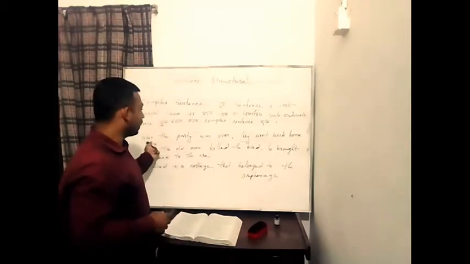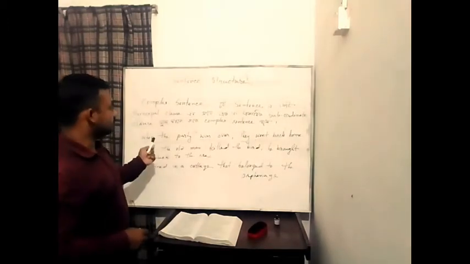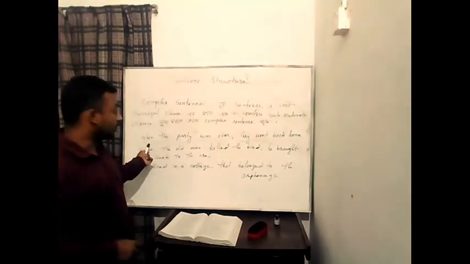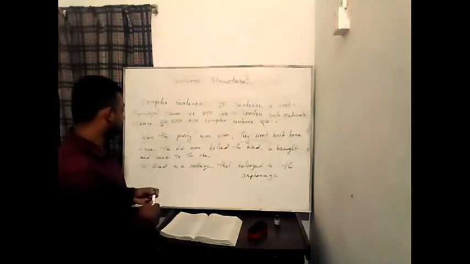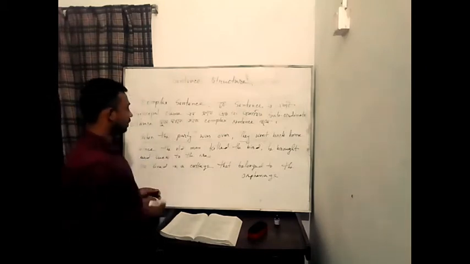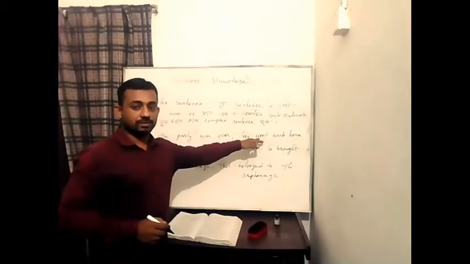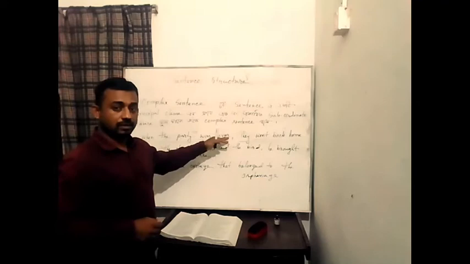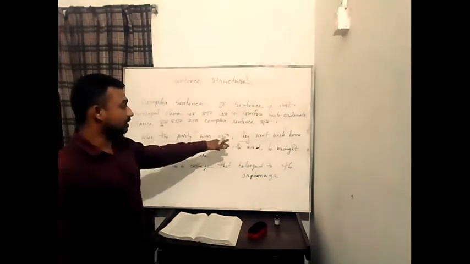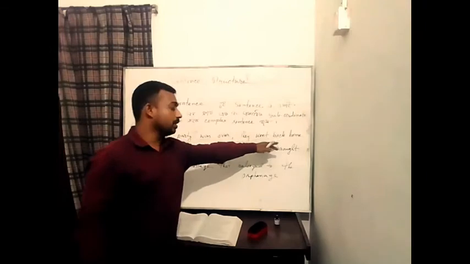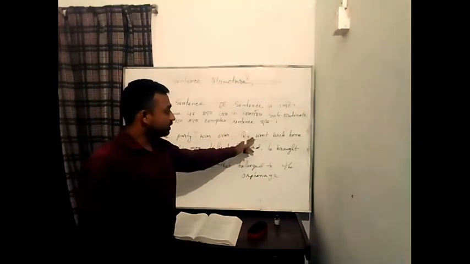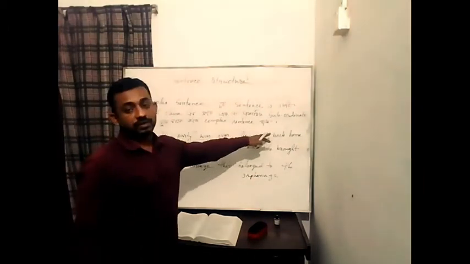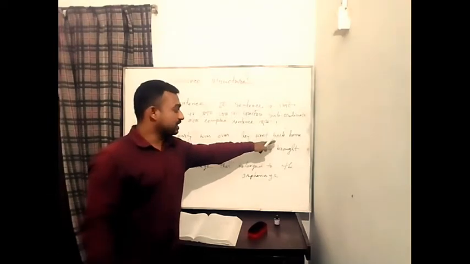But when they are together, then it is a complex sentence, as it is joined with when, and it is a conjunction. This clause is the subordinate clause, and this is the principal clause. Because look, when the party was over is a subordinate clause. They went back home is a principal clause, or independent clause, as this clause is not dependent on another for expressing its meaning.